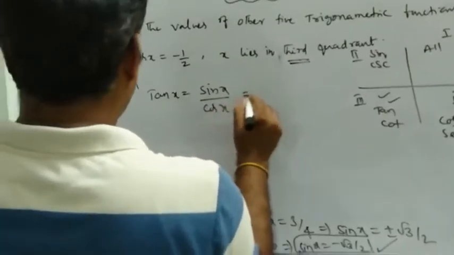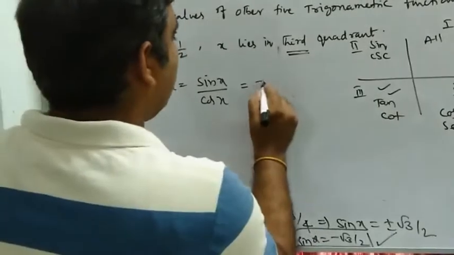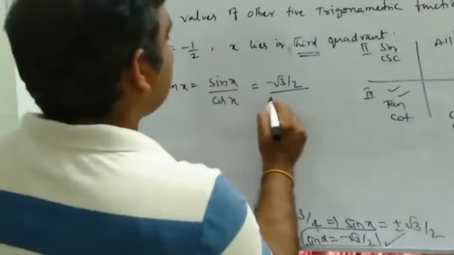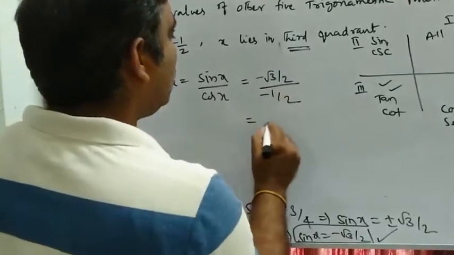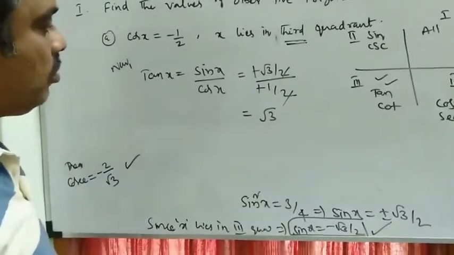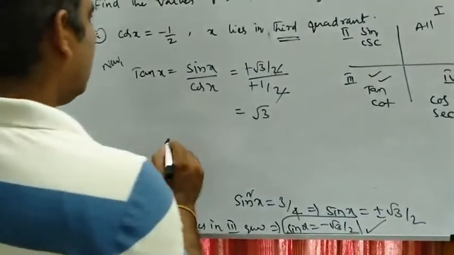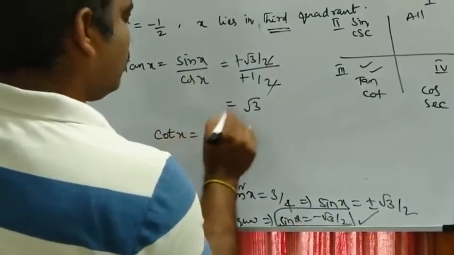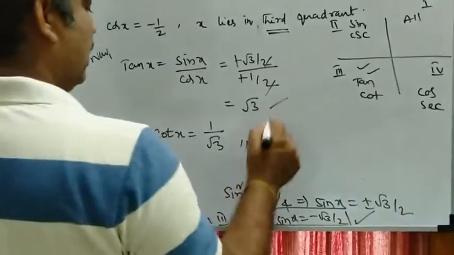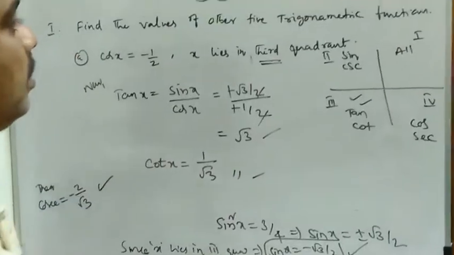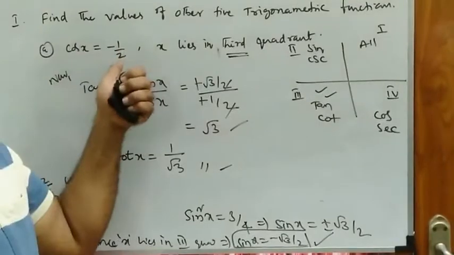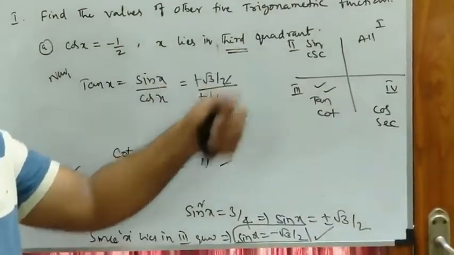So sin x, already we have reached, is minus root 3 by 2, divided by cos x, minus 1 by 2. The 2 cancels, minus minus is plus. The value is root 3. Then cot x is equal to 1 by tan x, that is 1 by root 3. So these are the 5 trigonometric function values with reference to cos x equal to minus half, x lies in the third quadrant.